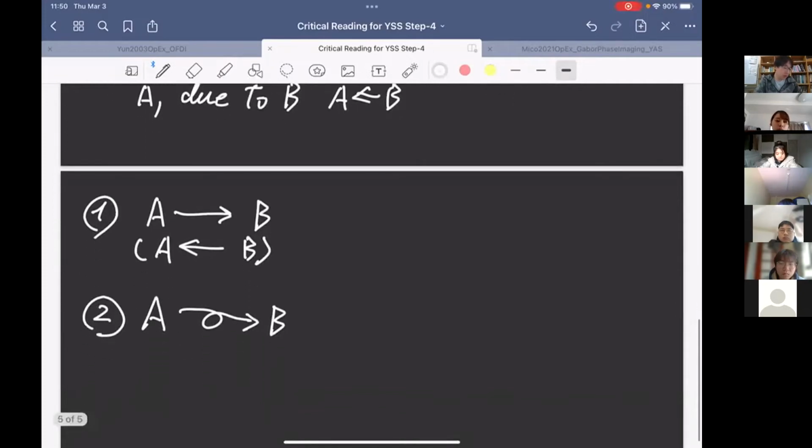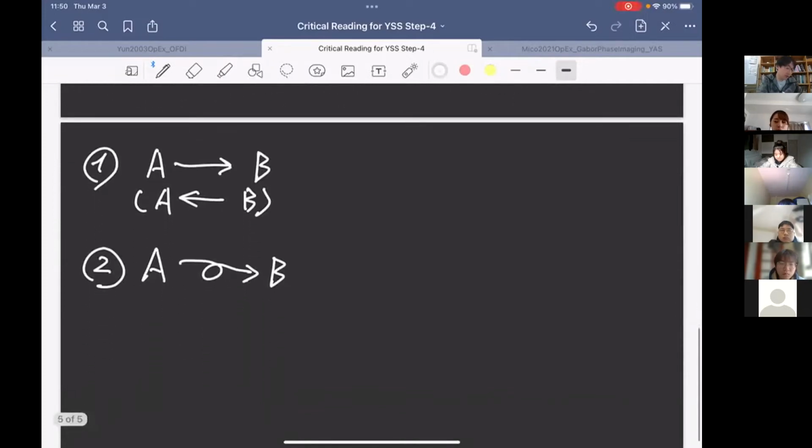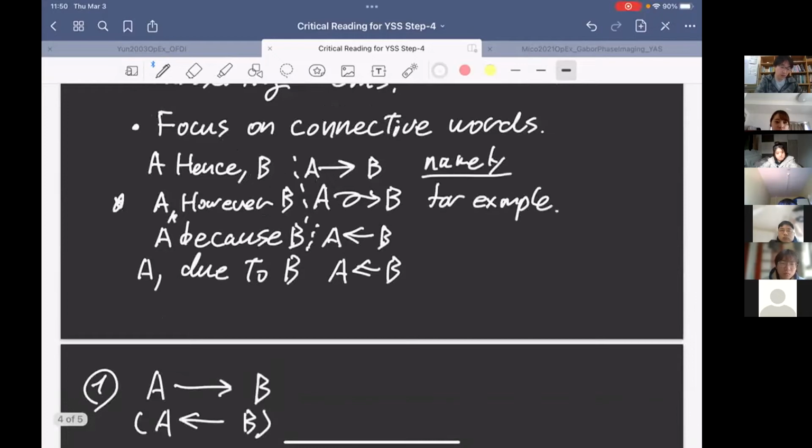And the third type is this guy, namely, for example, A, namely B, or A, for example, B, is something like this style. They are essentially the same.